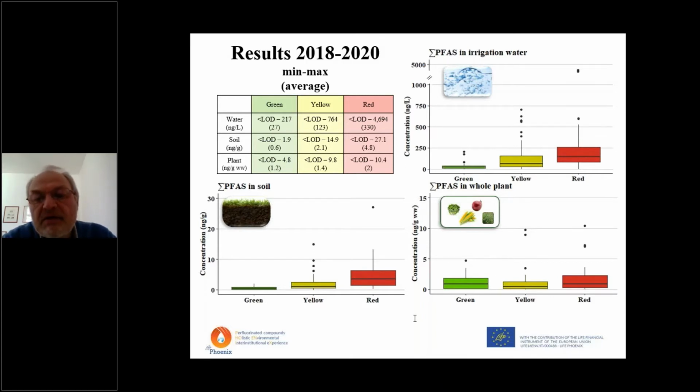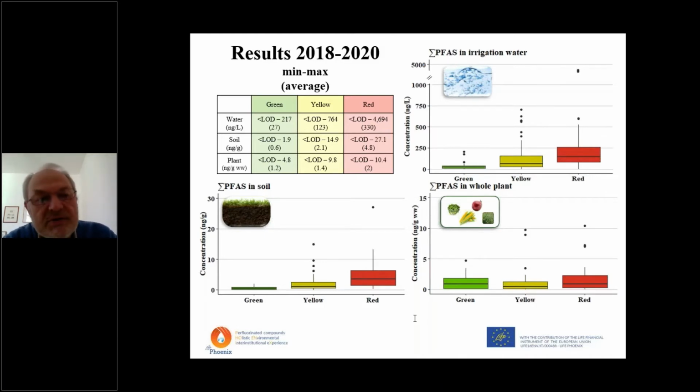TFC is turbulent flow chromatography, and the sum of PFAS is obtained by calculating the sum of individual PFAS measured by LC-MS. TFC is only the online purification system. We don't apply any integrated measurement of total fluorine or total oxidizable compounds.